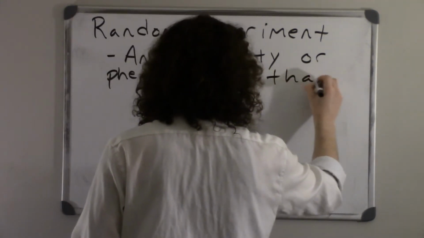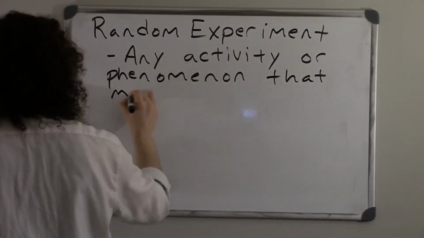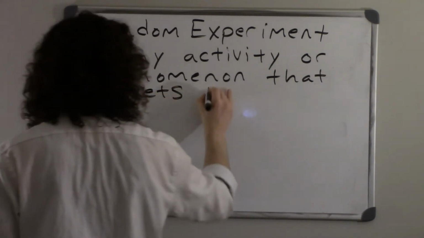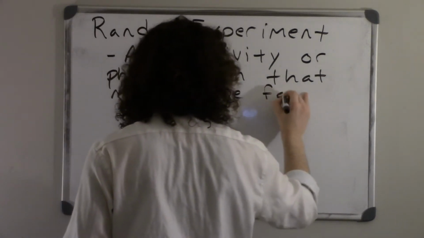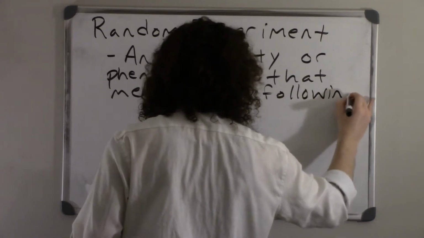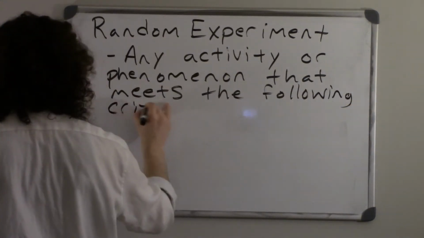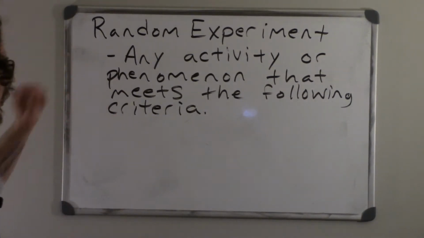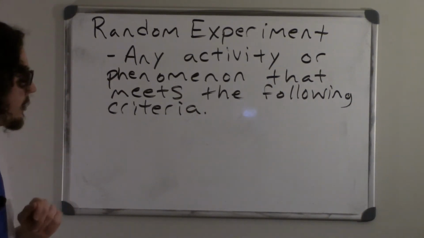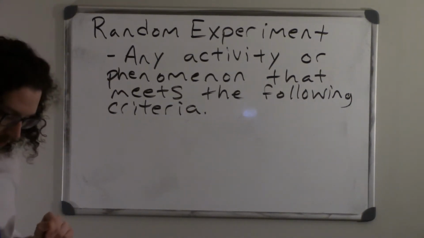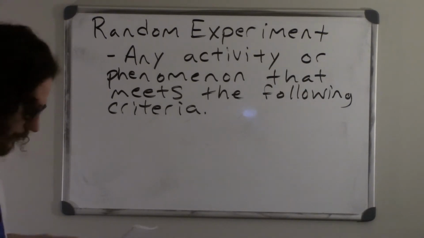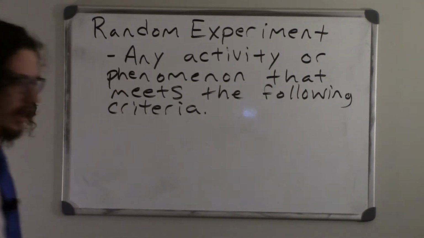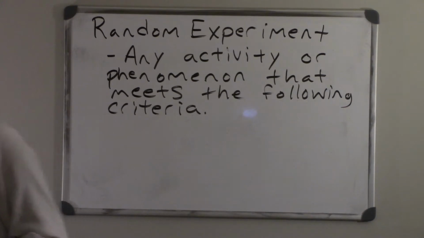Right, and a random experiment is any activity or phenomenon that meets the following criteria. And I'll leave that up for a second, and then we'll erase that and put some of those criteria down.